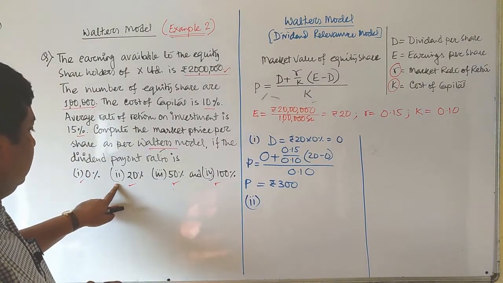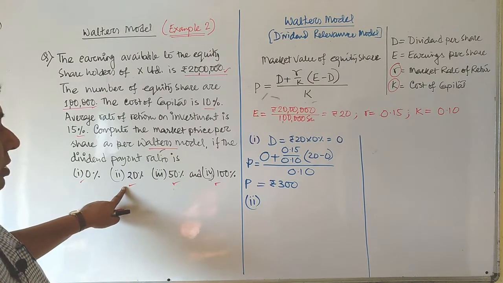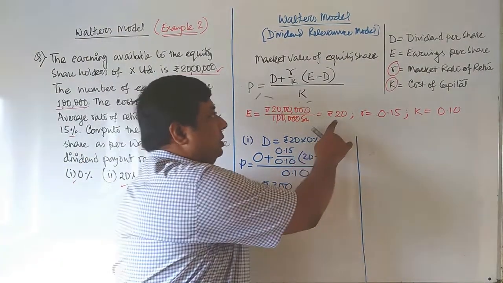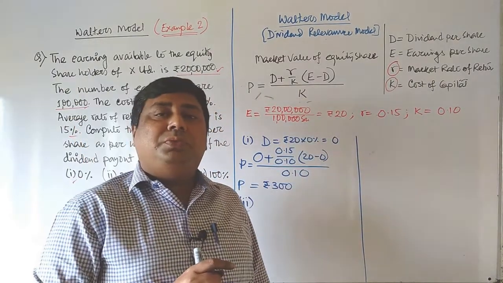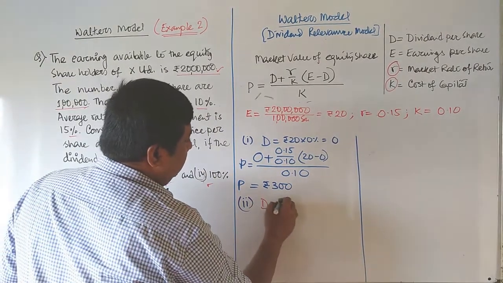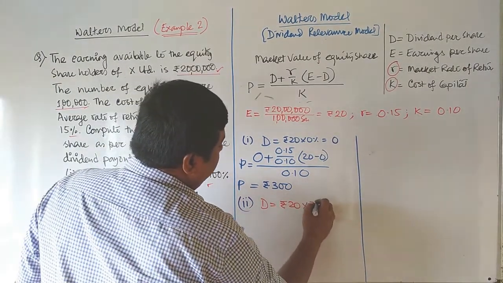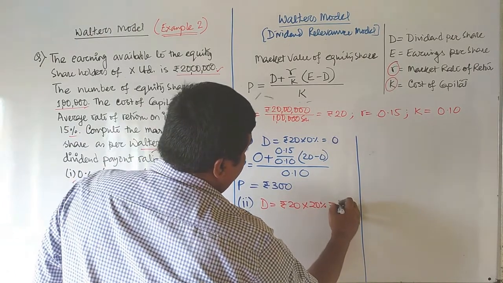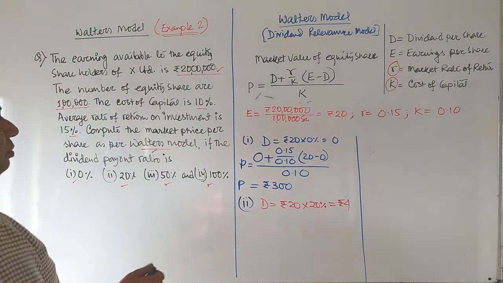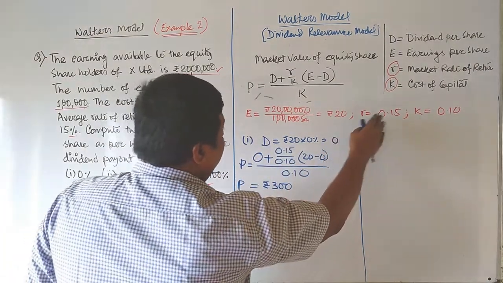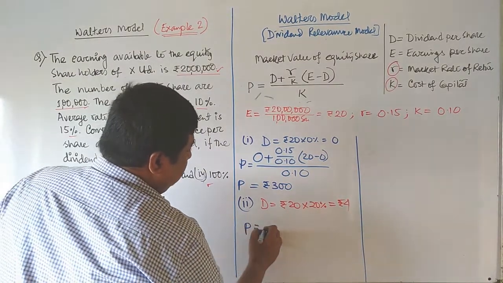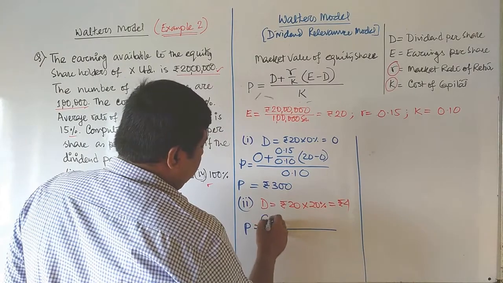Remember, in the second condition, dividend payout ratio is considered as 20%. Earnings per share is rupees 20. The company pays dividend 20% of rupees 20. Then in option 2, first we calculate rupees 20 into 20%. We are getting over here rupees 4. Now let's plot that, keeping the other things constant, like R and K remain the same, and E also. Now again we plot that into the given Walter's formula.